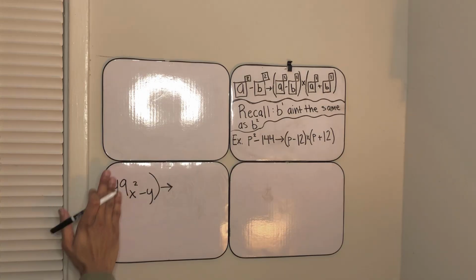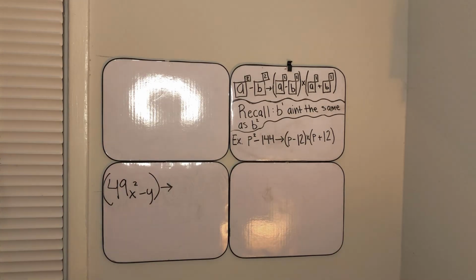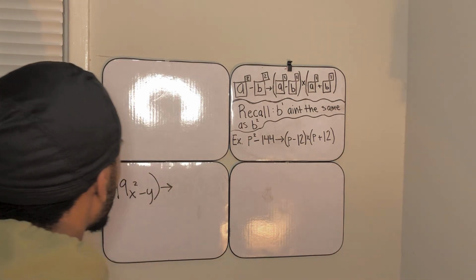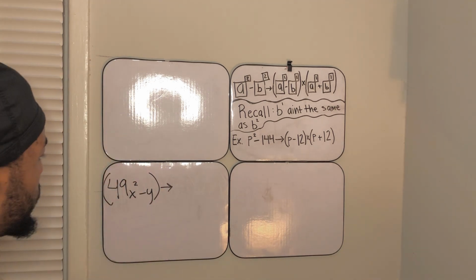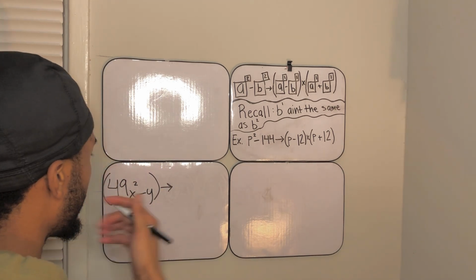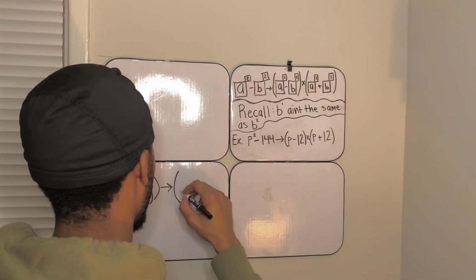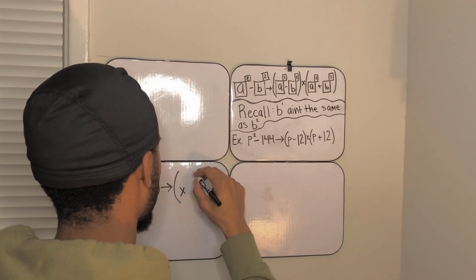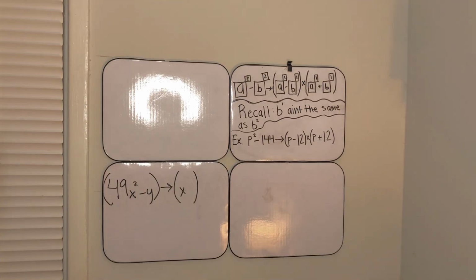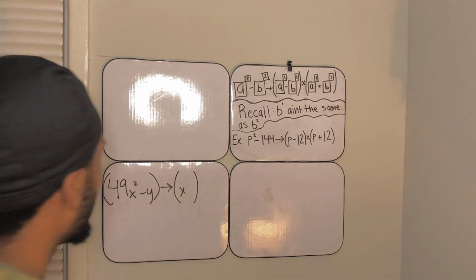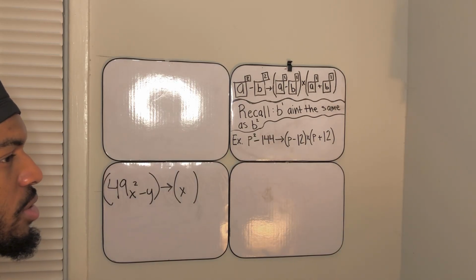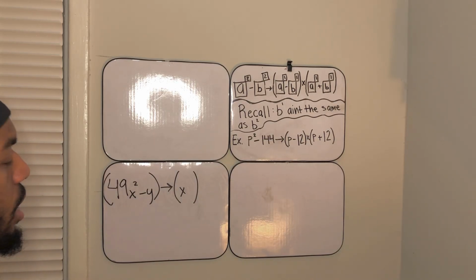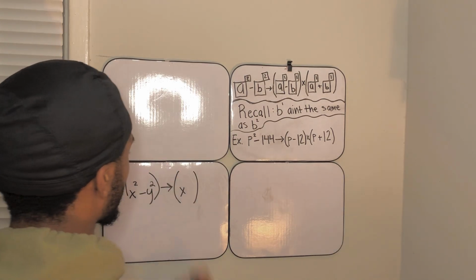So again, we're gonna ignore 49. We're not gonna worry about that. So the square root of x squared is just x. So we're gonna put that right there. And the square root of y squared, I think this is supposed to be y squared.